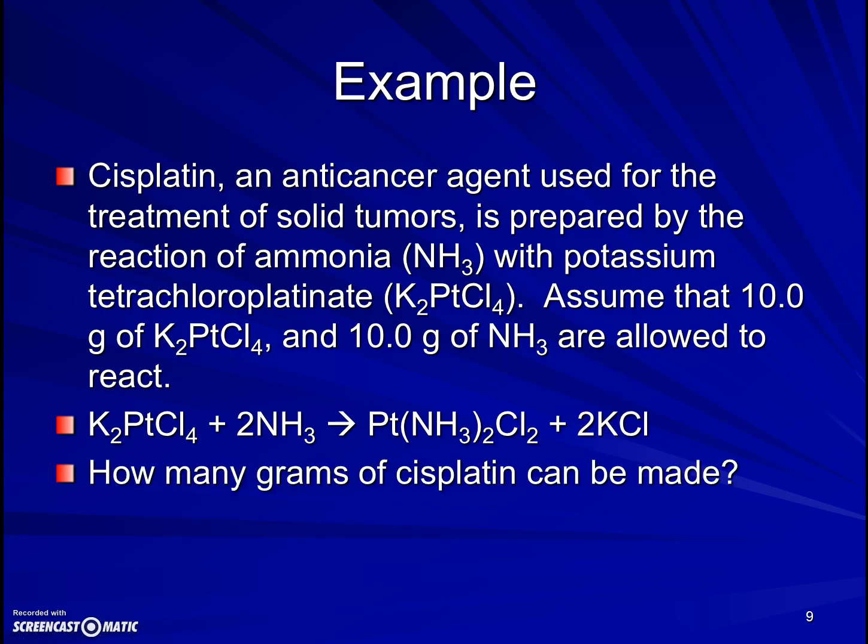And the answer to that question is going to be arrived at by doing the problem twice. We're going to do the problem calculating how much cisplatin we could make from the 10 grams of ammonia, assuming we had more than we needed of the other reactant, and then we will calculate that based on potassium tetrachloroplatinate, assuming we had enough of the ammonia.